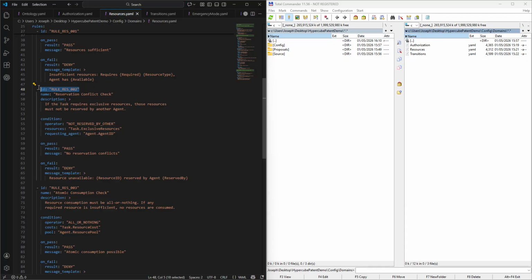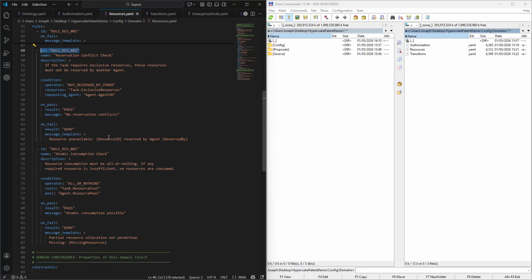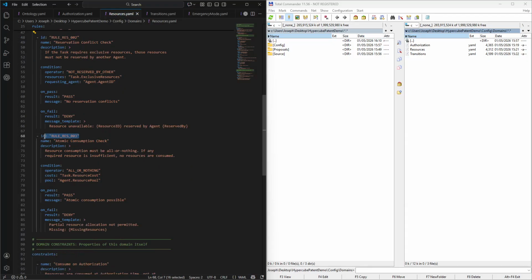Rule RES 002. Resources cannot be double booked. If another agent has reserved it, it is a denial. Rule RES 003. Resource consumption is atomic. All or nothing. There are no partial allocations.